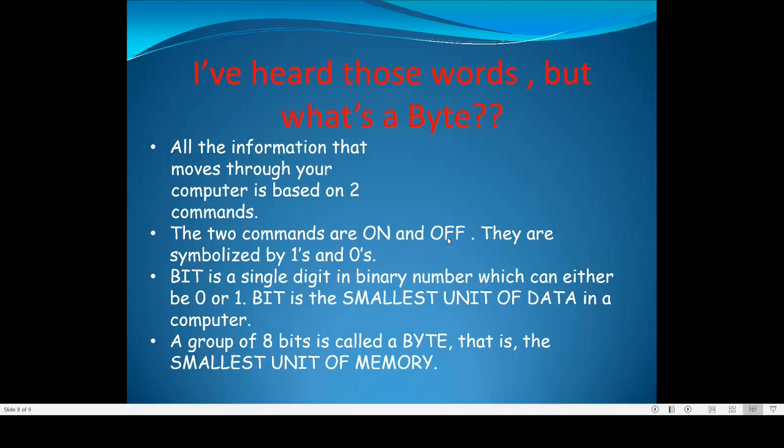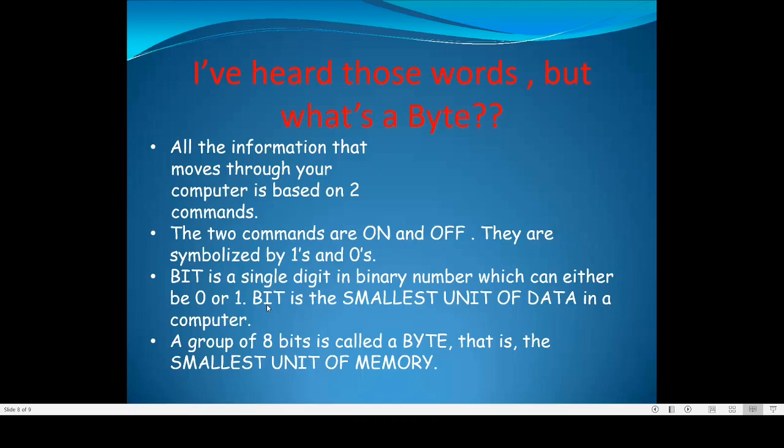The two commands are on and off. They are symbolized as 1 and 0. This 1 and 0 together are called bit. Binary digit. Bit is a single digit in binary number, which can either be 0 or 1.